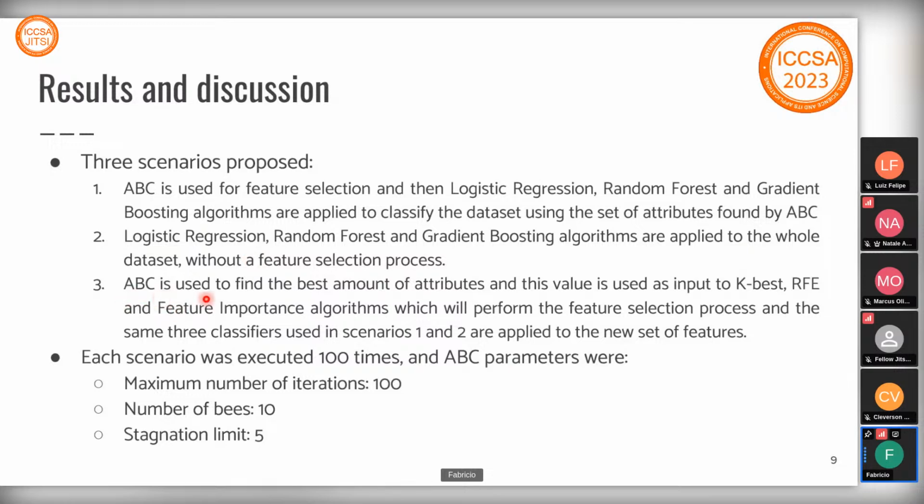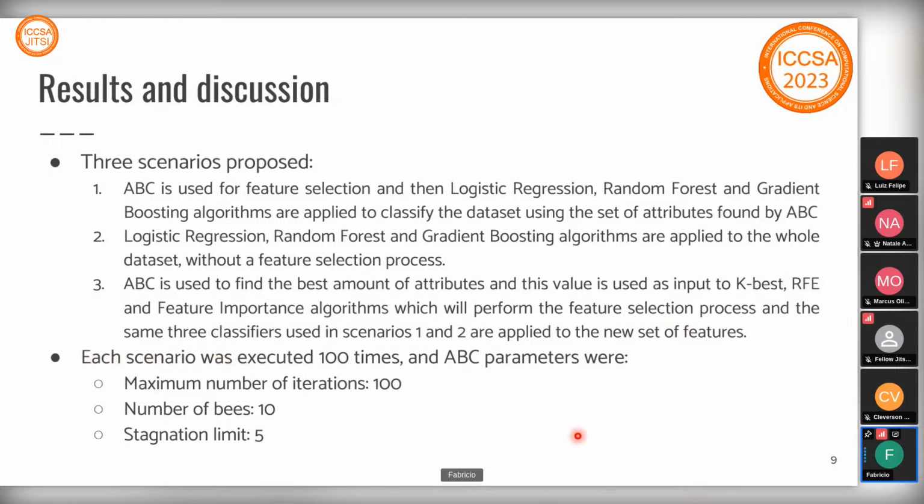In the third scenario, ABC is used to find the best number of attributes using other selection mechanisms like K-best, RFE, and feature importance. So in this case, ABC is finding the best parameters for these methods, and these methods perform the feature selection, and the same three classifiers are used.